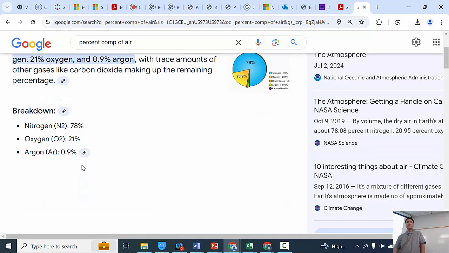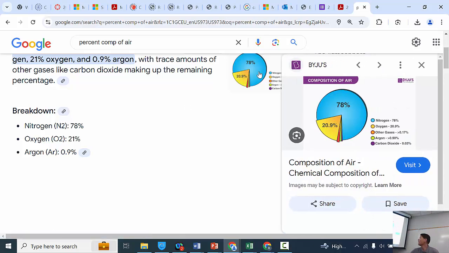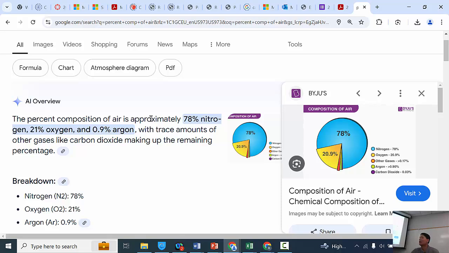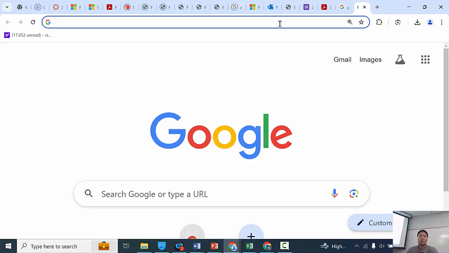Here's the breakdown, and there's a little bit of argon. And then they have this pie chart here, the composition of air. That's a problem. The problem is they assume you know already. But if you're just a beginner, you don't know, right? And a lot of people don't go beyond that.